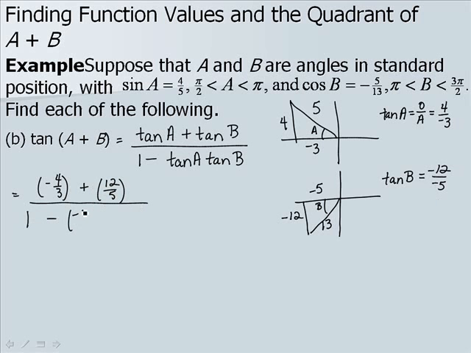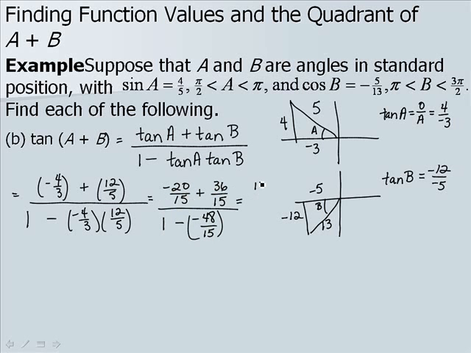Over 1 minus negative 4/3 times 12/5. So when we work out the top, the common denominator is 15. So we get negative 20 over 15 plus 36 over 15 divided by 1 minus negative 48 over 15.